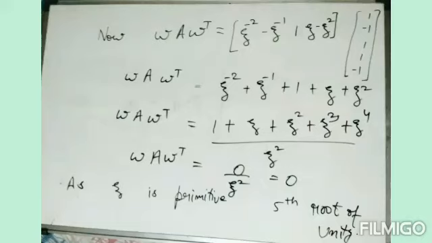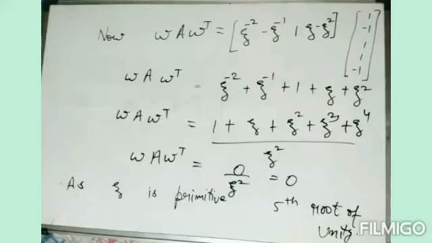Therefore, w A w transpose is equal to psi raised to power minus 2 plus psi raised to power minus 1 plus 1 plus psi squared. Now, by taking the LCM, we get w A w transpose is equal to 1 plus psi plus psi squared plus psi cube plus psi raised to power 4 divided by psi squared.